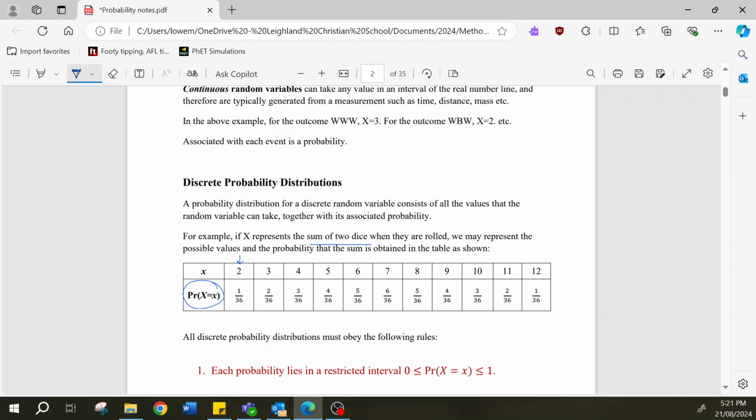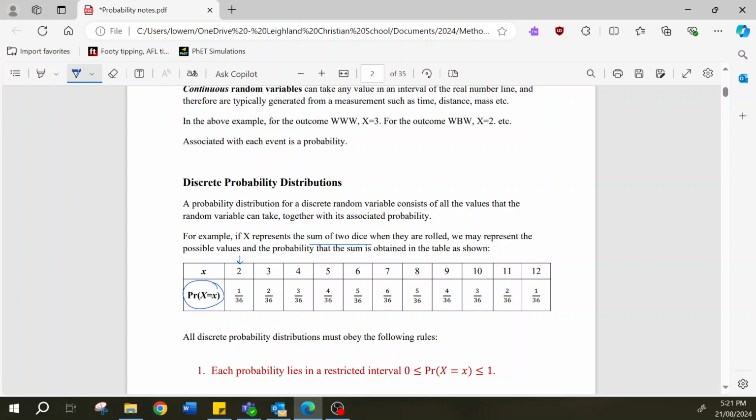And so on it goes, with 7 being the most likely outcome. So we're going to come across these sorts of ideas of probability distributions, and this is an example of what one of those is.